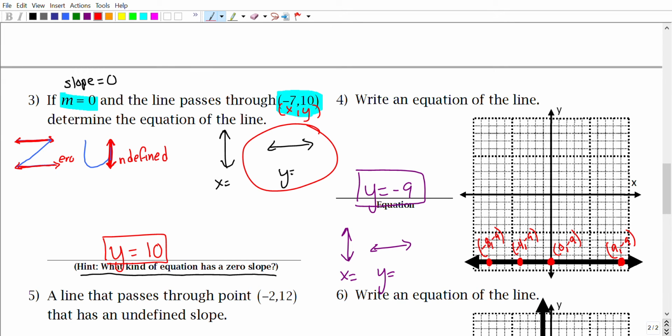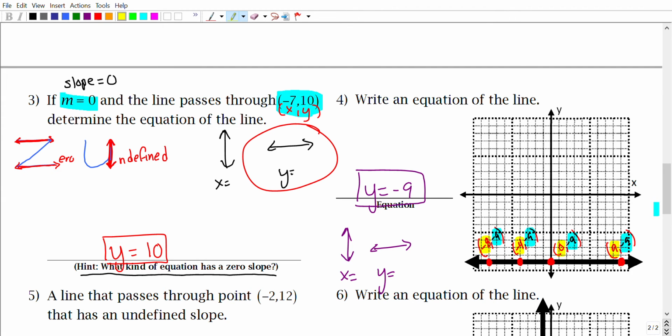So why do we choose y equals -9? How come we don't pick any other number? We'll take a look at this. What is my y value in each and every one of those ordered pairs? It's always -9. Now the others change. So this is a -8, this is a -4, 0, 9.